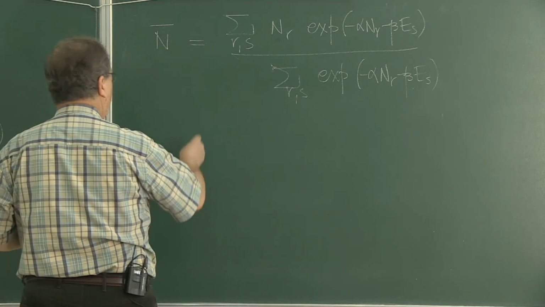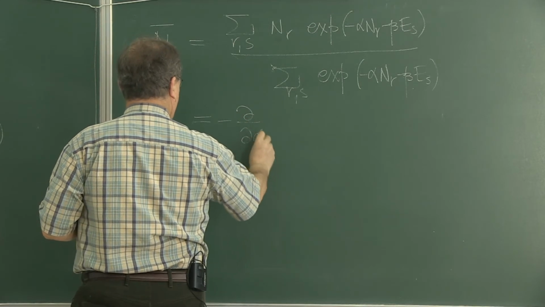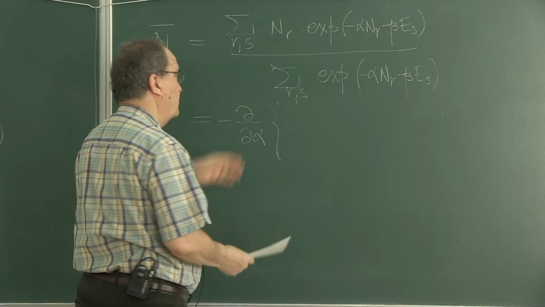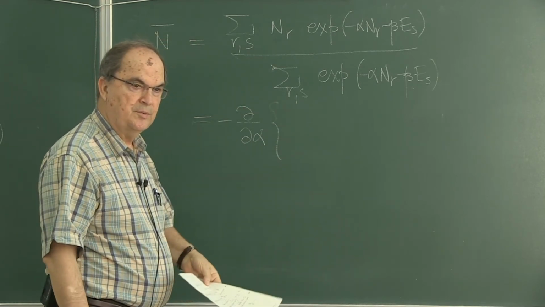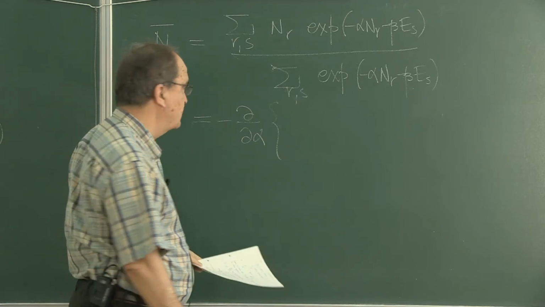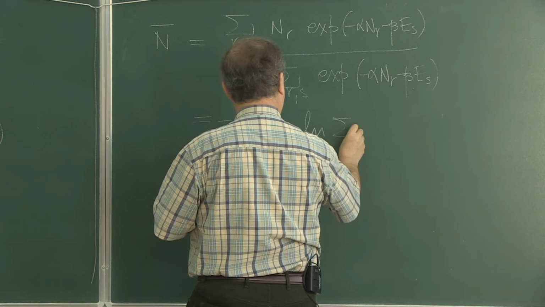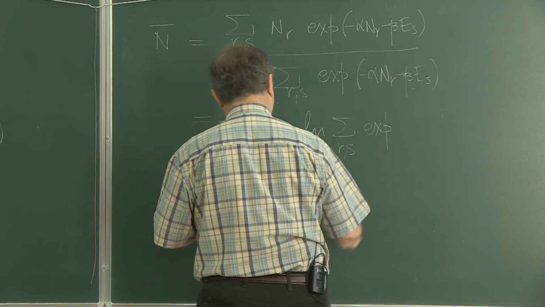So, we can write this as minus the derivative with respect to alpha of the logarithm of the partition function, ln of the sum over R and S of the exponential.